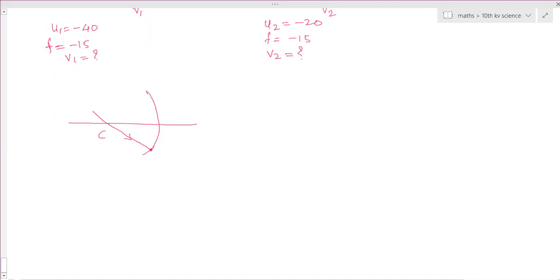At that point of incidence, we have to draw the perpendicular, that is, draw from that point to C. That means the same line. So the incident ray and the normal both coincide, one over the other. So the angle of incidence I is equal to 0. Therefore the angle of reflection R is equal to 0. Therefore the ray passes back through the same path.